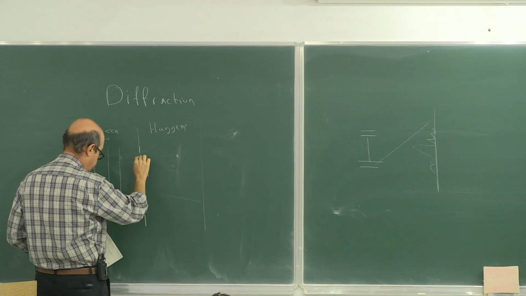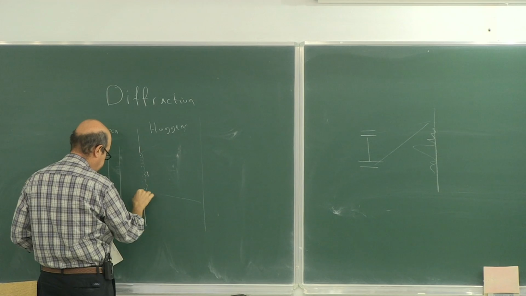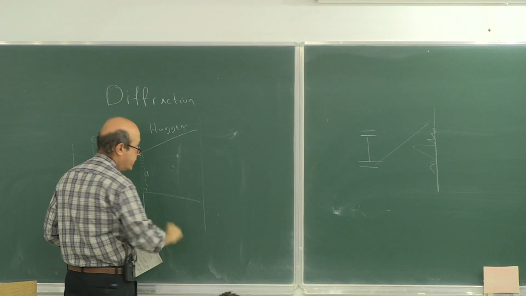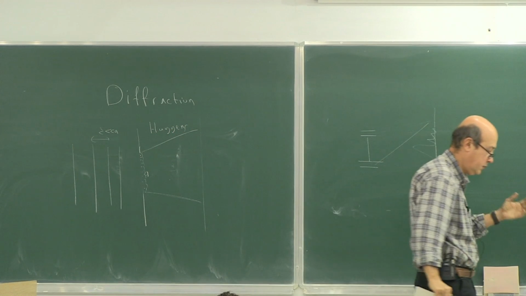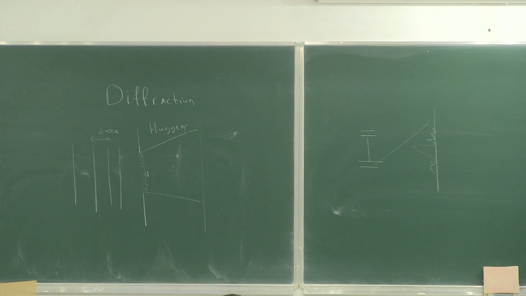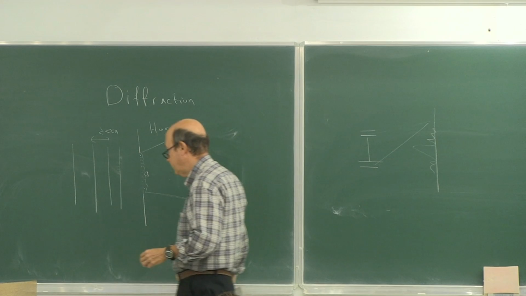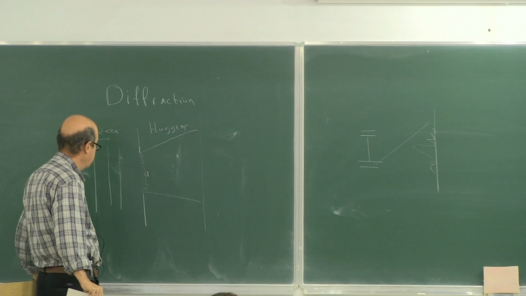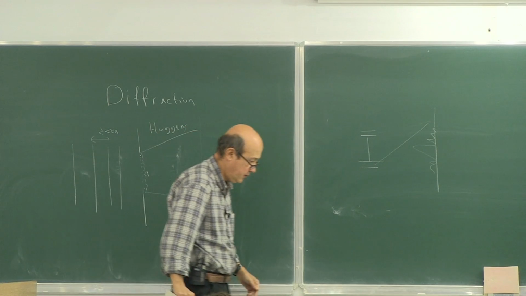Each source behaves as a source of a spherical wave, and the addition of these will be the diffraction. So a double slit could be thought of as interference, and if you have an opening and the wavelength of the incoming waves is less than the opening, you can think of that as diffraction.